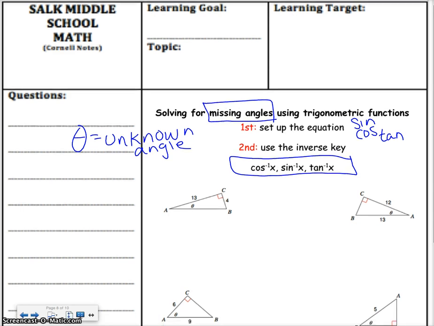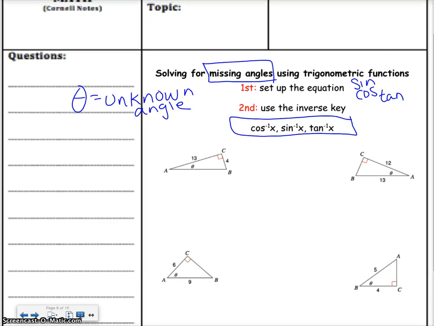Okay, so we're going to apply this concept here. So now I have an unknown on this first example. I have theta. I have no idea what theta is, and I need to figure it out. So with respect to theta, the segments that I have are opposite, and it looks like I have adjacent. At first I thought it was hypotenuse, then I remembered hypotenuse is opposite the 90, and this is connected to the 90.